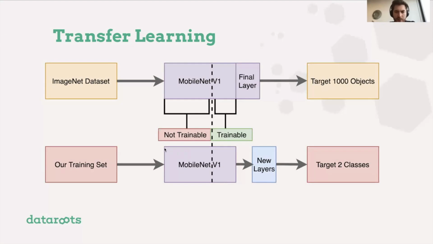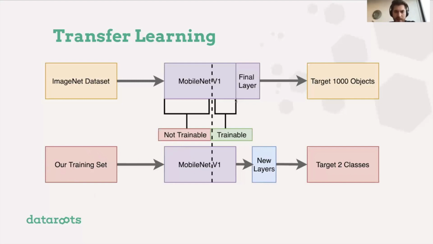In transfer learning, we take the pre-trained MobileNet V1 as it is. We don't touch any weights, and we add additional new layers. These new layers are trained with our own training set as we prepared.